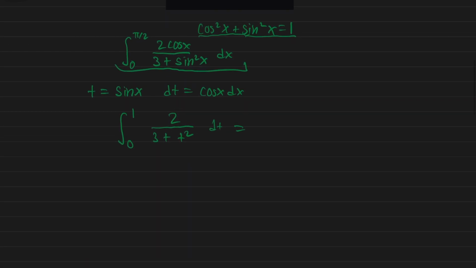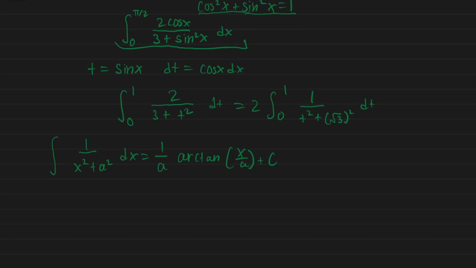Now for this integral, we're going to use the fact that the integral of 1 over x squared plus a squared dx is equal to 1 over a arctan of x over a. So here we have a similar form. We have the integral from 0 to 1 of 1 over t squared plus root 3 squared dt.